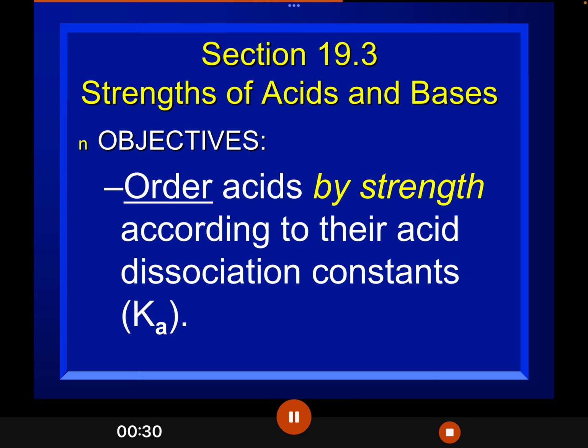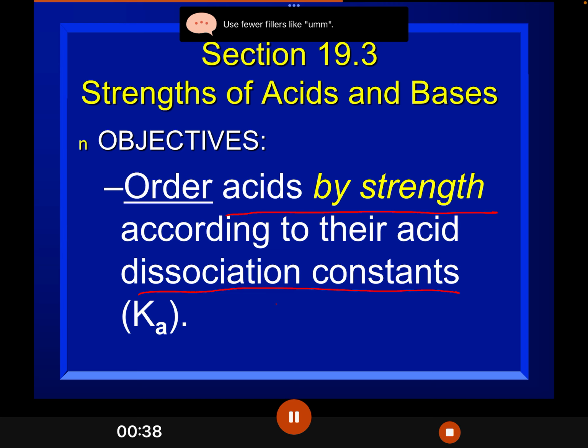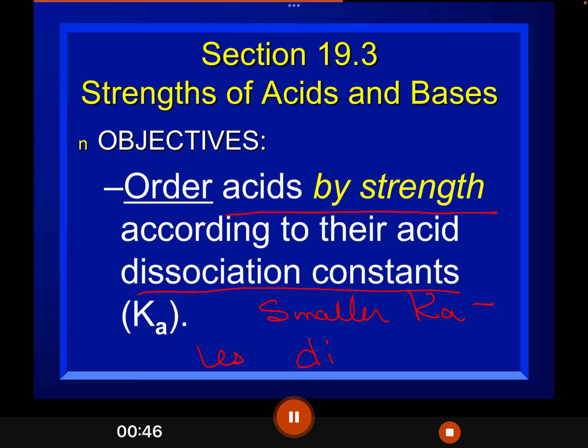Pretty simple. We'll order acids by their dissociation constants. And remember, the smaller K values, in this case Ka, will have less dissociation.